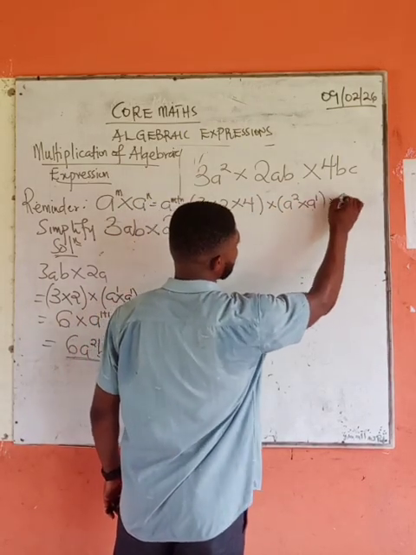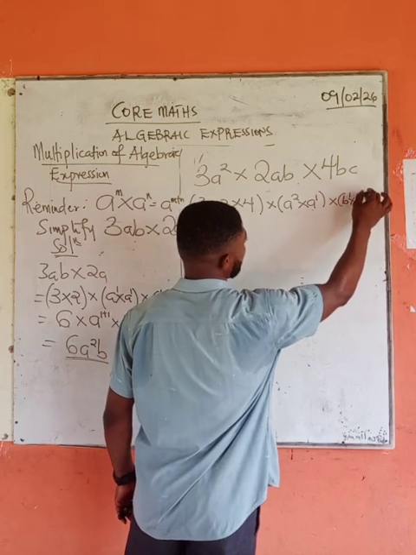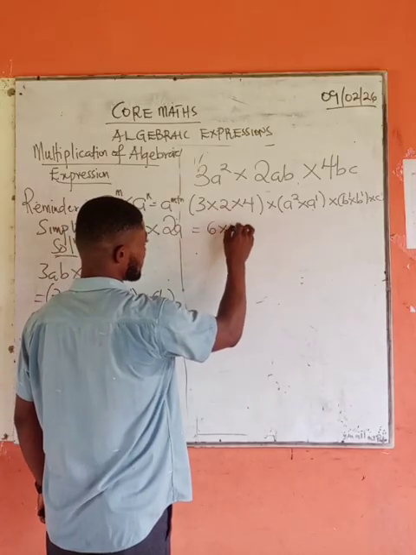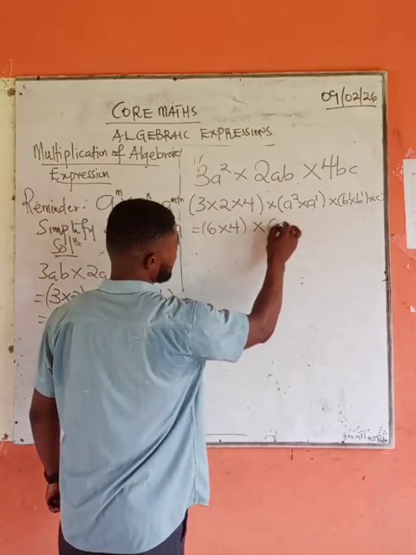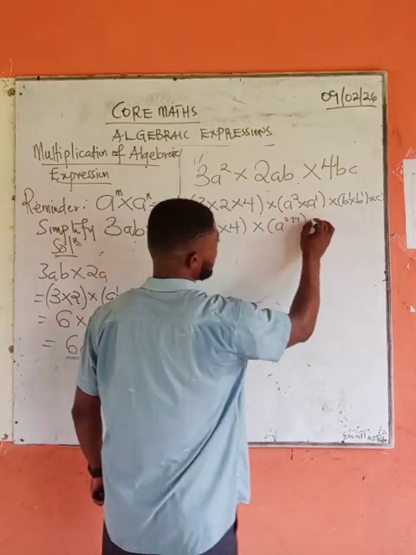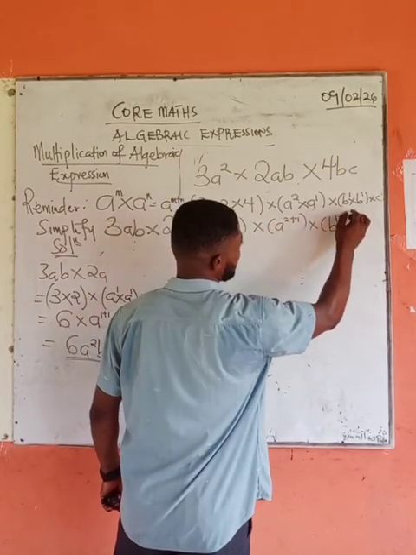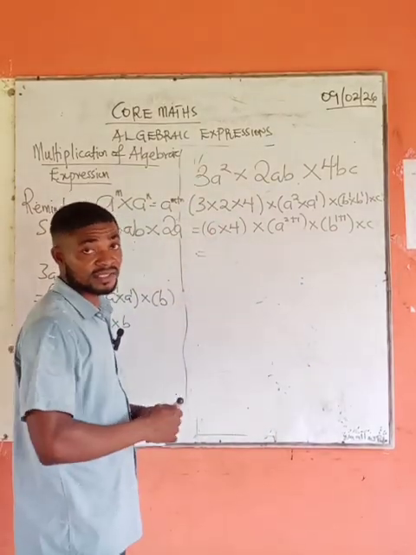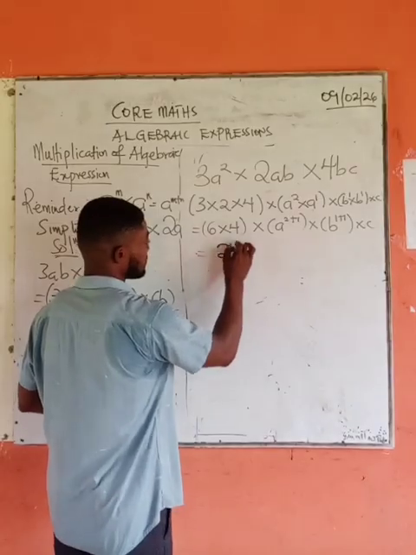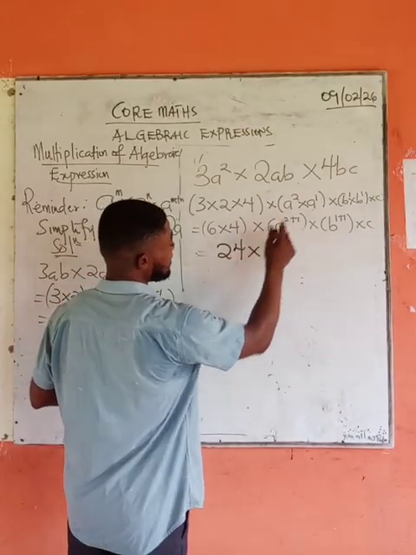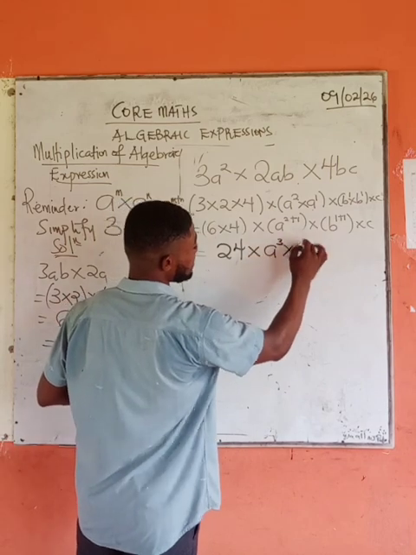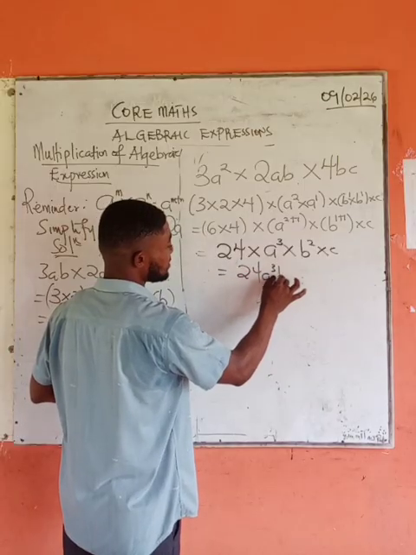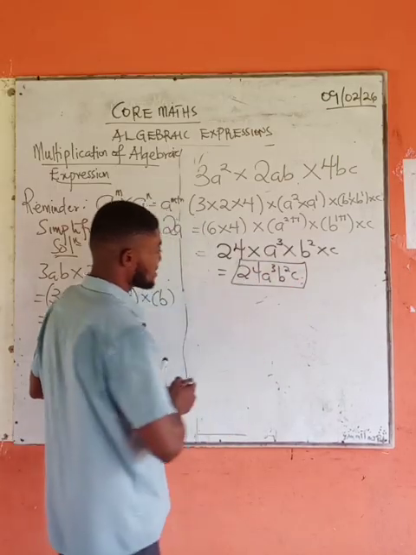And then this is also going to be b times b power 1, all times c. 3 times 2 is 6, times 4, a power 2 plus 1 times b power 1 plus 1 times c. 6 times 4 is going to give us 24 times a power 3 times b power 2 times c. So we have 24a cubed b squared c as this.